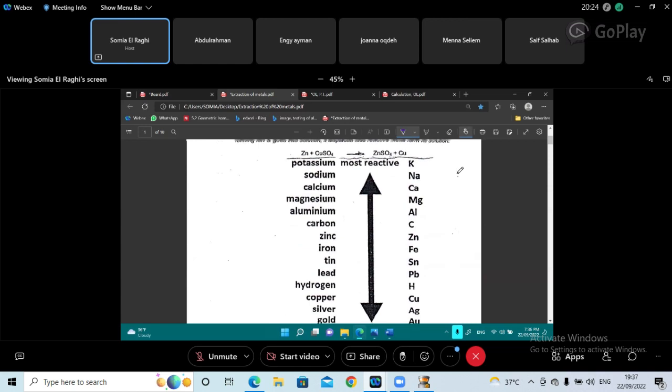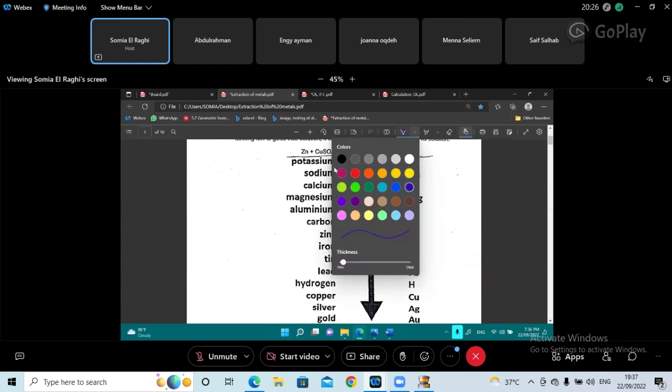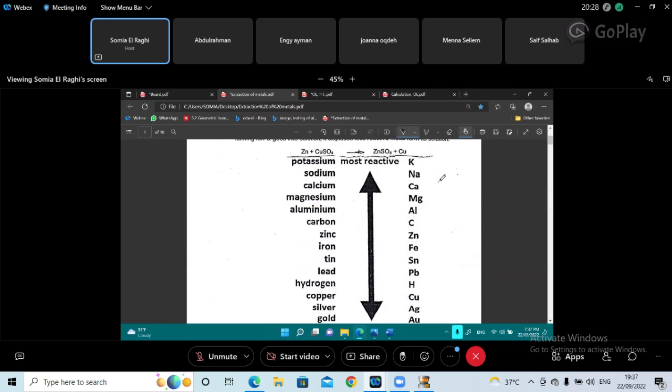Okay, I don't know what happened to the pen. So we have here group number 1, group number 2, group number 3, and 4, and then the transition metals.